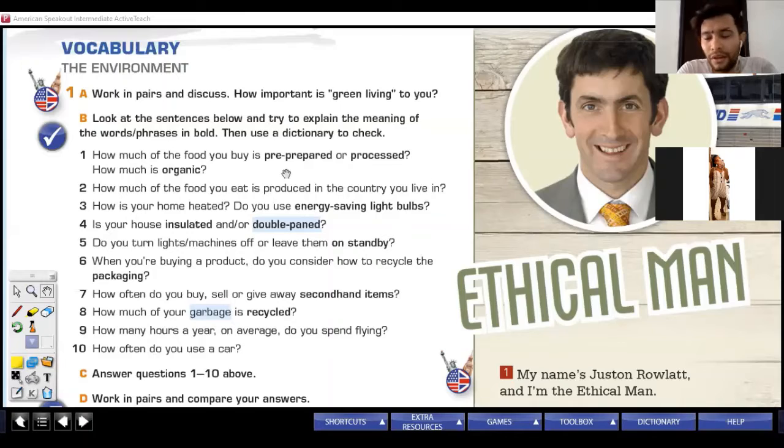Ooh, my neck cracked. All right, pre-prepared. What is the meaning of the word pre-prepared? What do you think it means? Pre-prepared food. We're talking about food in this question, so pre-prepared food.